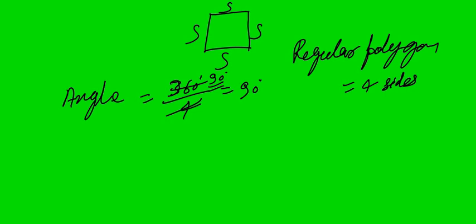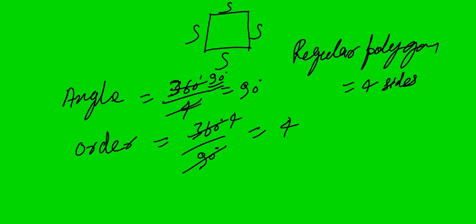Actually rotational symmetry means we rotate the diagram either clockwise or anti-clockwise, but the diagram will not be changed, the diagram will be the same. Now to find the order of rotation, you just have to divide 360 degrees by the angle of rotation, that is 90 degrees, you will get 4. So order will be 4 and angle of rotation will be 90 degrees.